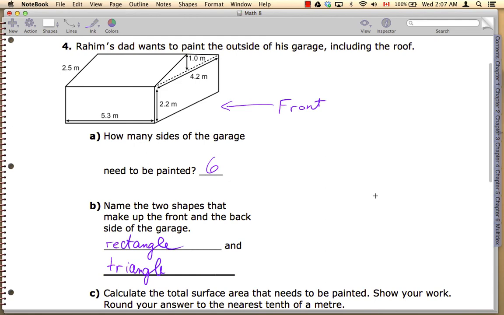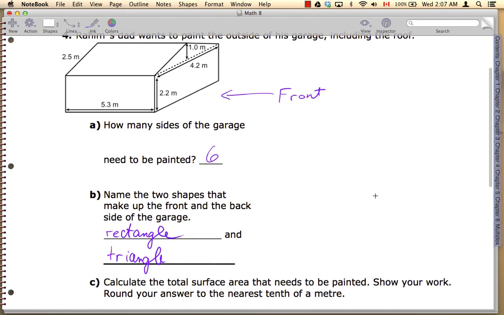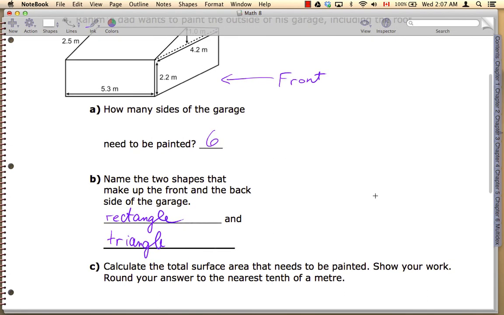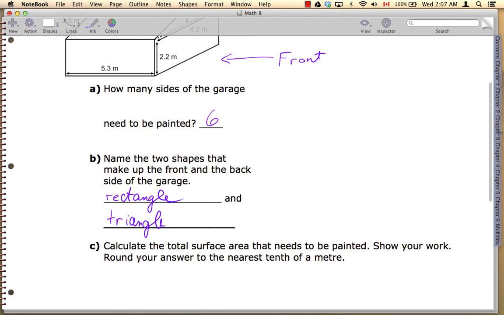To calculate the total surface area that needs to be painted, let's first calculate the area of the front and the back. I'm doing the front and the back together because they are the same, so I can do 2 times the area of the front, and that will reduce my work a little bit.